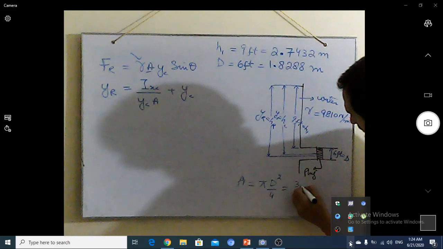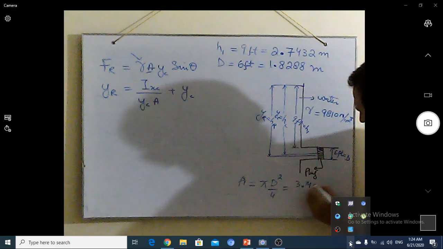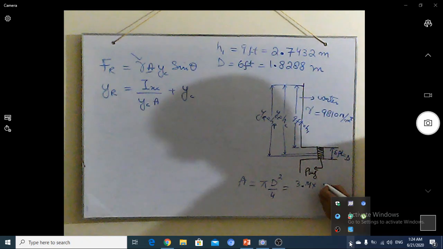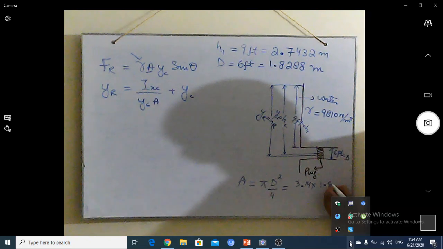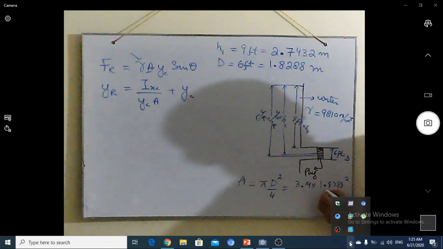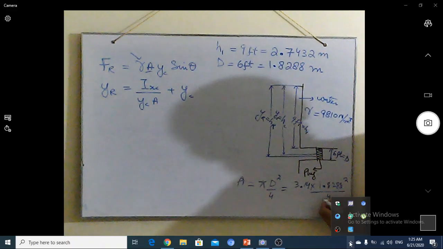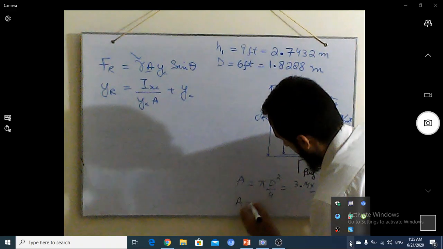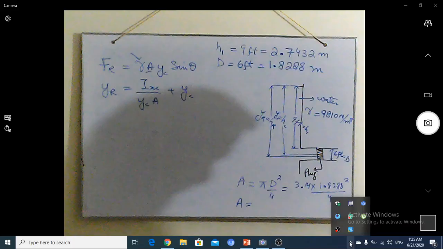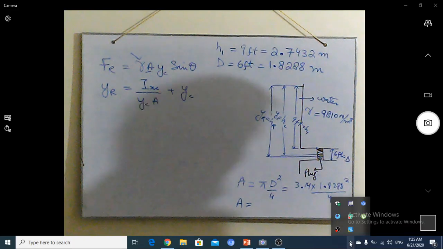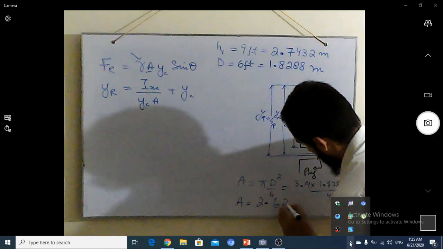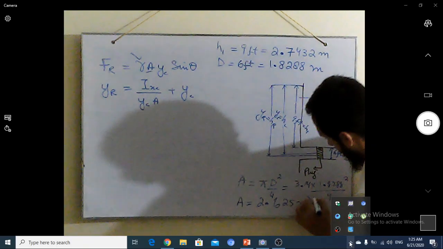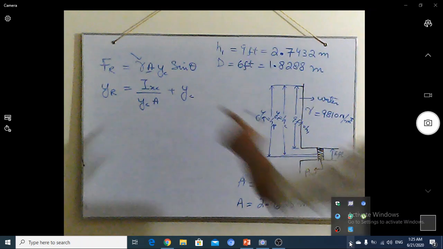We come up with 3.14 multiplied by 1.8288 square upon 4, and the value will be equal to 2.625 meters square.